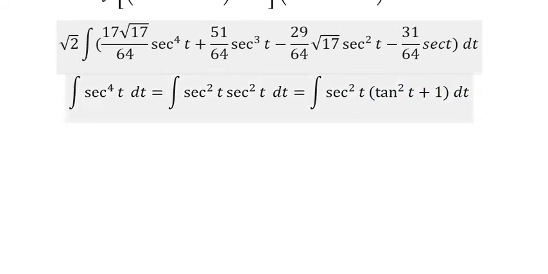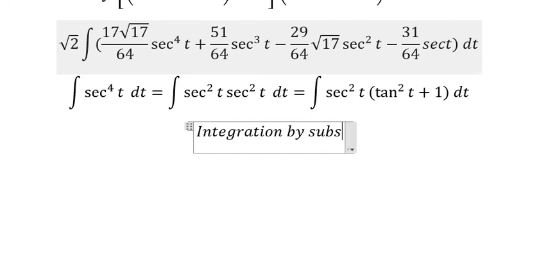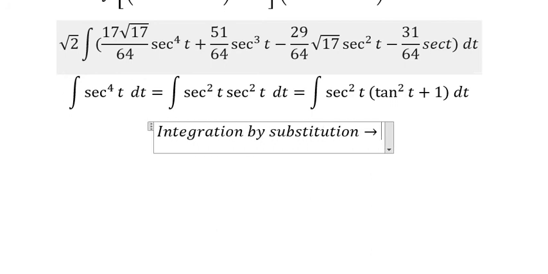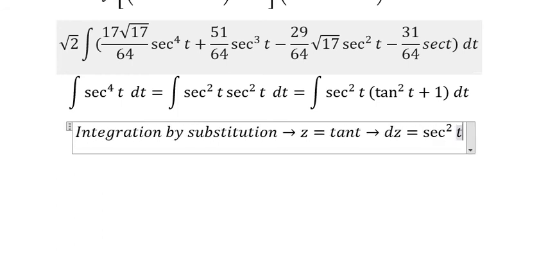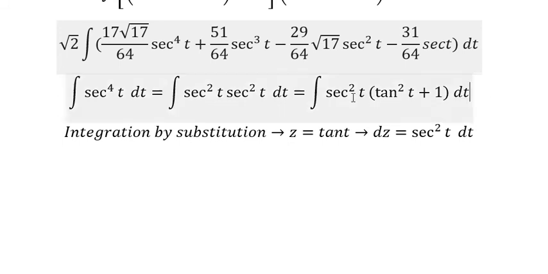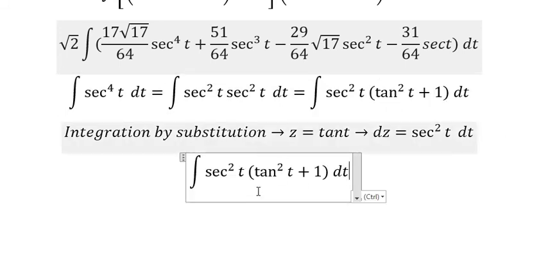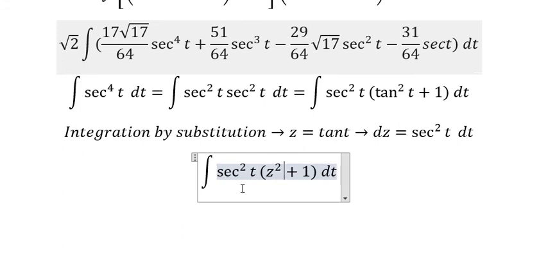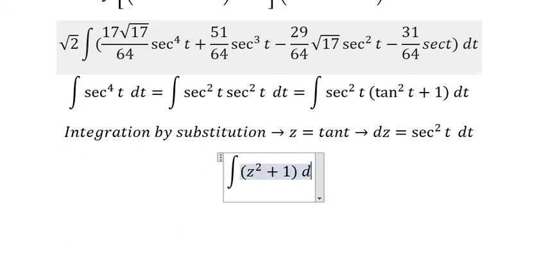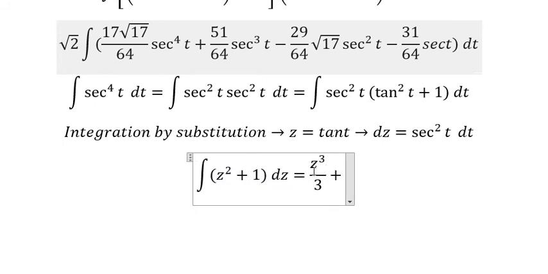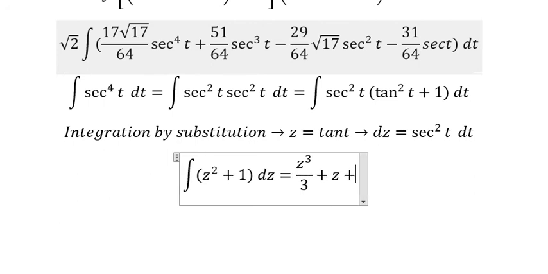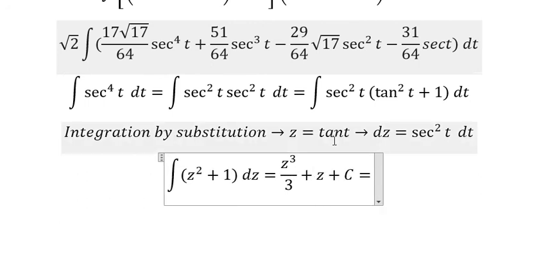So in this situation we can use integration by substitution. So we put z equal to tan t, dz equal to secant of t squared dt. This one you got z squared. This one multiplied by this one you got dz. So you got z to the power of 3 over 3 plus z plus c. About z that's tan t.